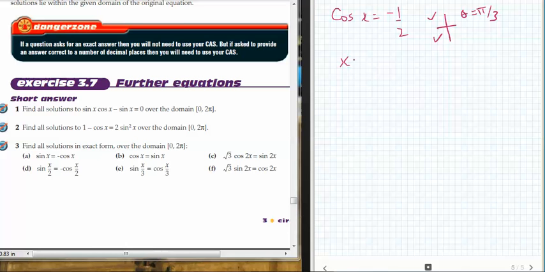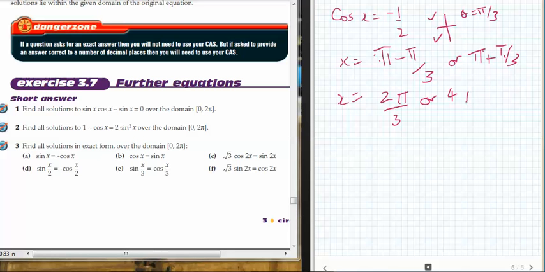Therefore x is going to equal pi minus pi on 3, or pi plus pi on 3. x equals 2 pi on 3, or 4 pi on 3.